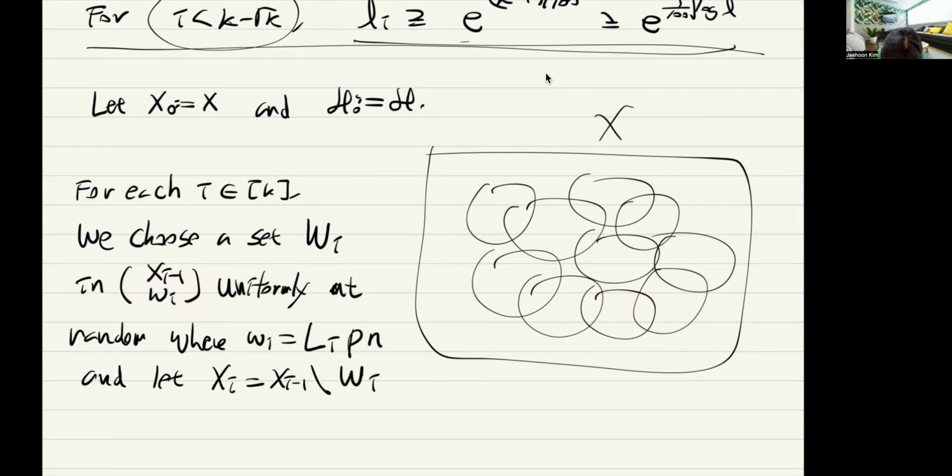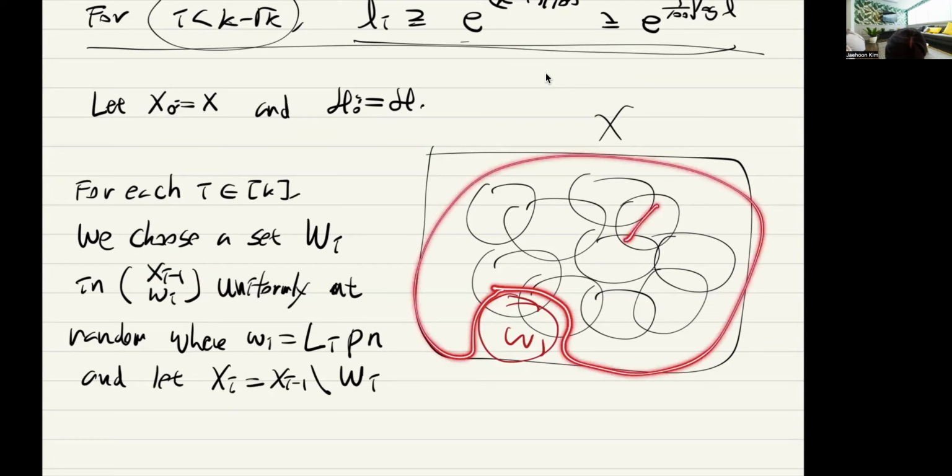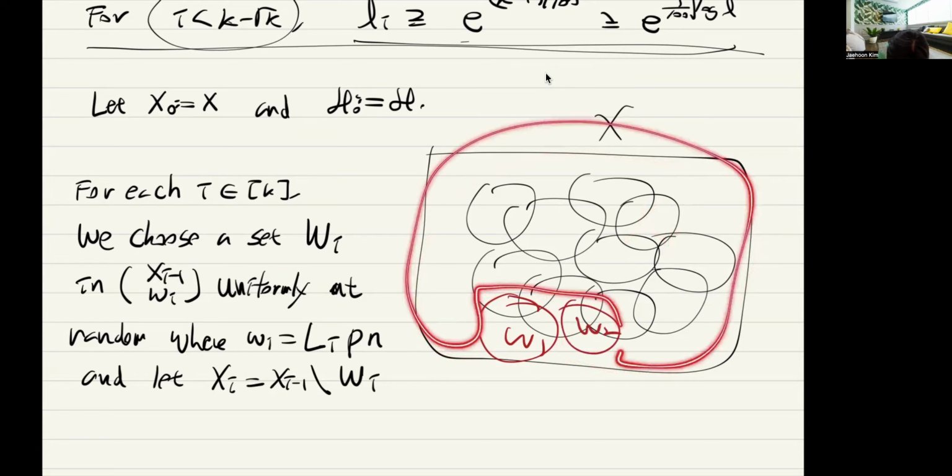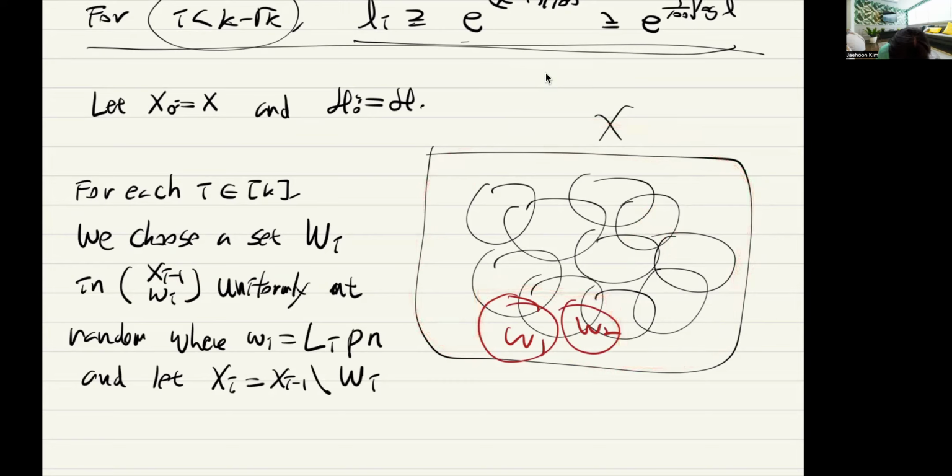So somehow, we choose the W1. And now in here, it's X1, and in here, you choose a W2. Now here, this is X2, and you choose W3, and so on. That's what we will do.